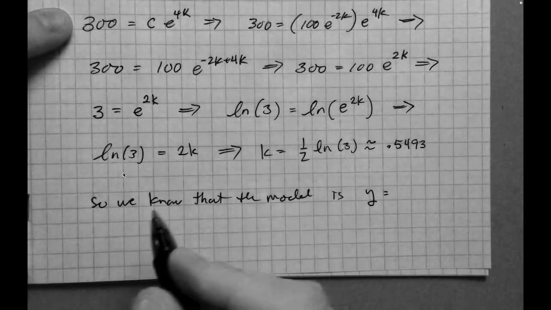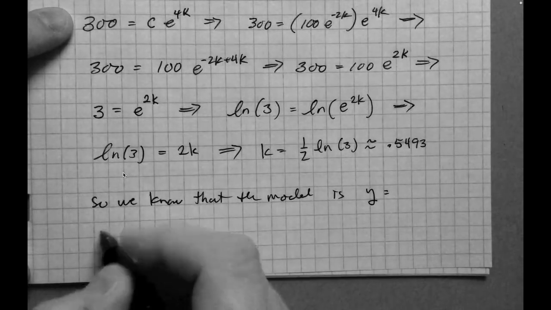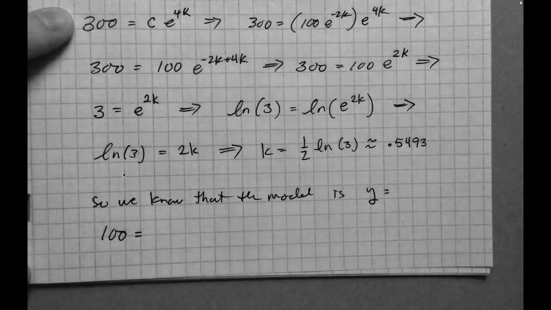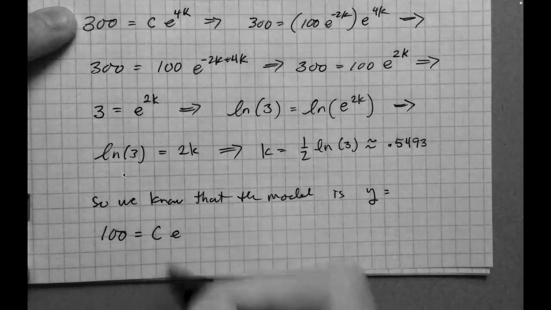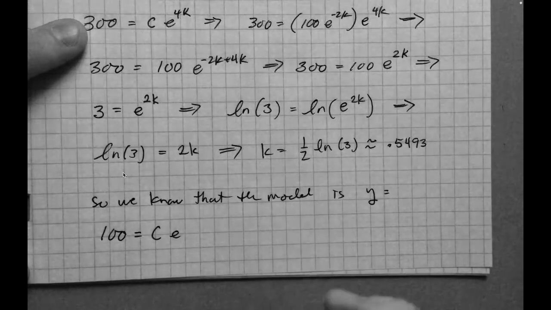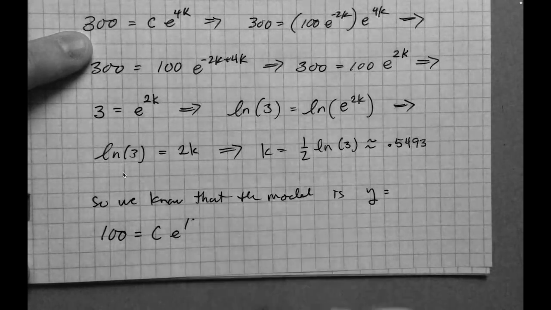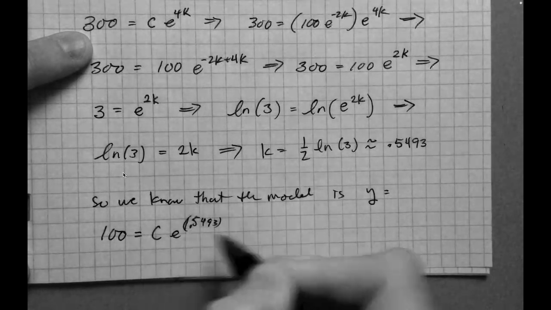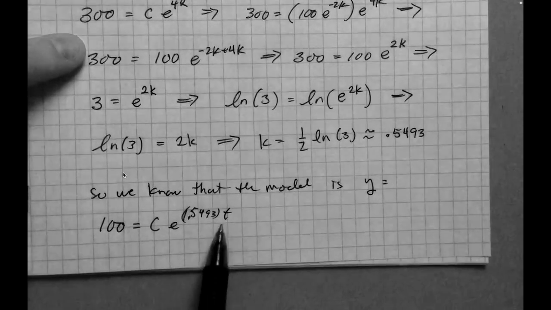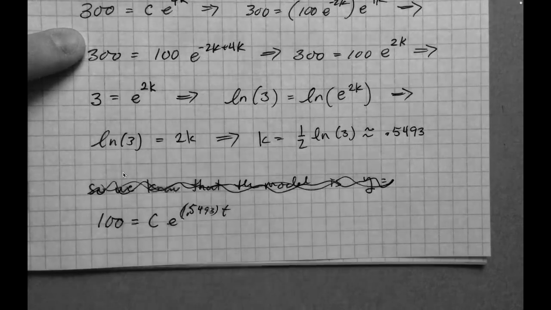So 100 equals C times e to the kt. K we figured out was 0.5493, and then we need our t. We haven't gotten there yet. I jumped the gun there.